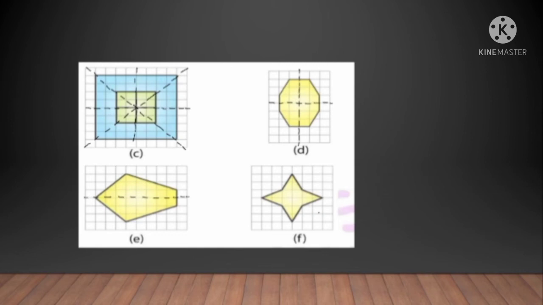And in subdivision F, we can draw a line of symmetry here, that is vertical, and also here horizontal. And then we can draw here, and similarly we can finish off here. So these are the answers.